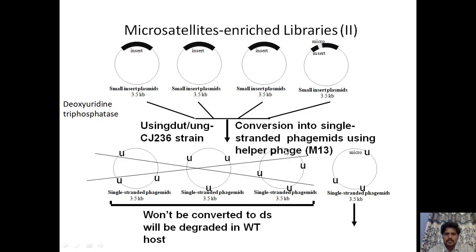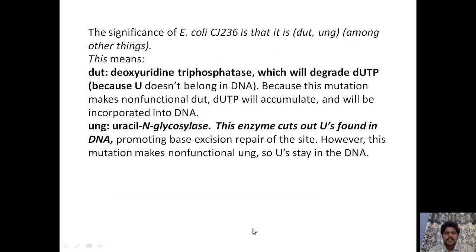And all those which are not carrying this microsatellite won't be converted to double-stranded, and will be degraded in the wild-type host. So what is the specificity of this E. coli CJ236? It is dut-ung-, among other things. What does it mean? dUTPase, deoxyuridine triphosphatase, degrades the dUTPs, because U doesn't belong to DNA; you know better, uracil is not present in DNA.